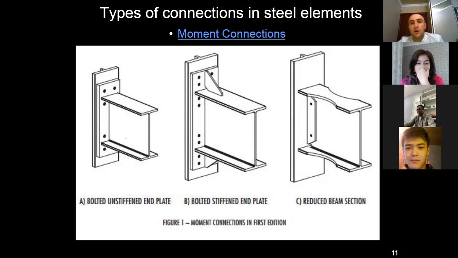If the beam has some internal moment, the connection should be able to transmit the load due to the moments.